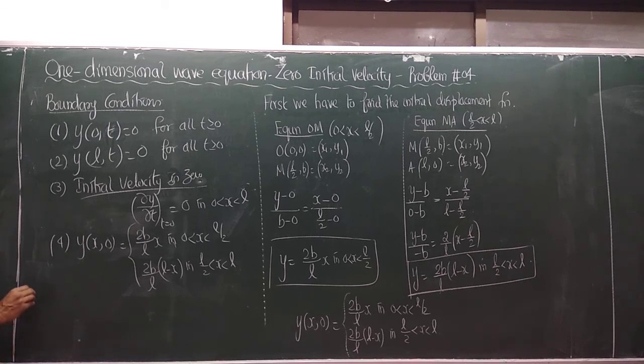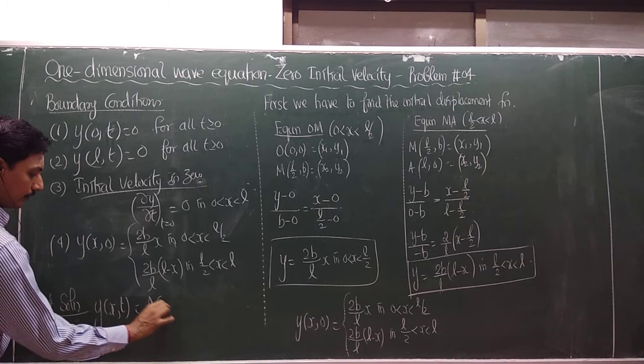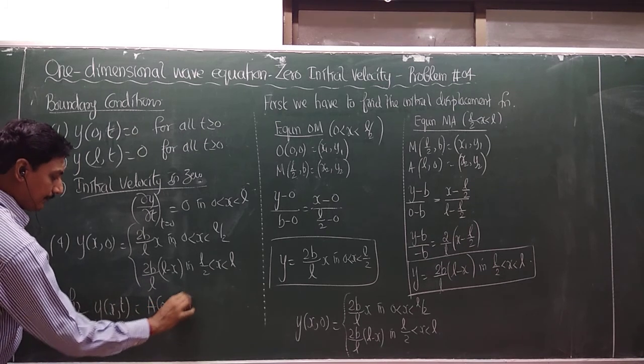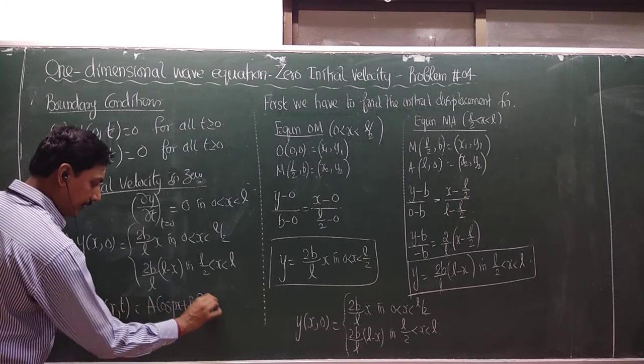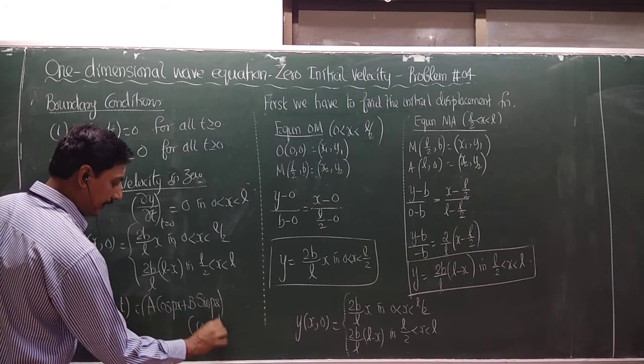Now, as we already know, the correct solution of the one-dimensional wave equation is y of x comma t is equal to (a cos px plus b sin px) into (c cos pat plus d sin pat).